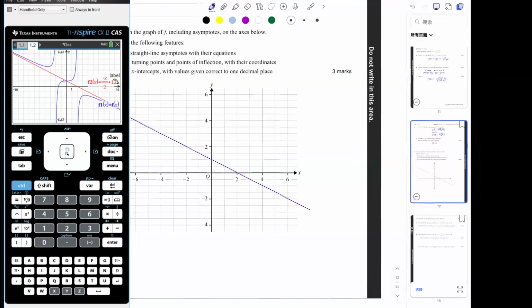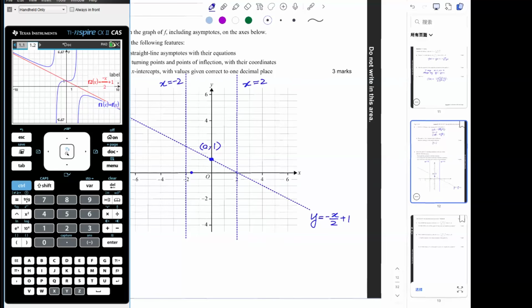Also, I'll draw x equals minus 2, x equals 2. And I know there is a stationary point of inflection, 0, 1. The graph roughly cuts through minus 1 point something.